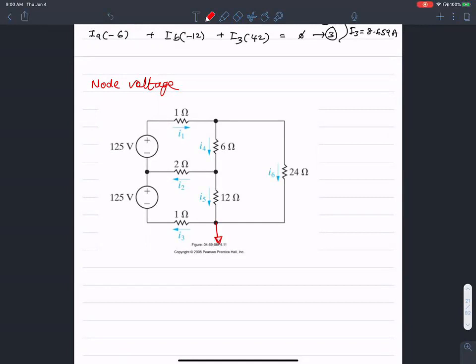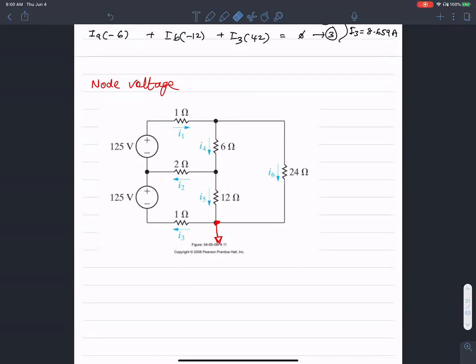And that would be a reasonable node because there are 3 different elements emanating from that node. Doesn't matter. I might as well have chosen this node or any other node to be my reference. Okay, so the first step is that guy.